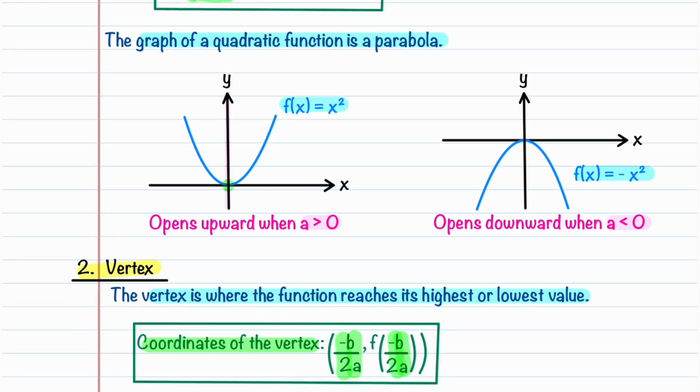In our graph on the right, our parabola opens downward, so the vertex occurs at the highest point of the graph. And then our axis of symmetry is again the y-axis, and it's just the axis that divides the parabola into two mirror images. Let's now look at some example problems.